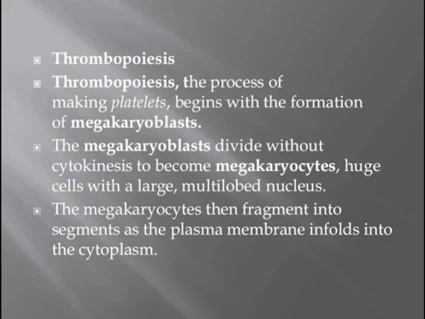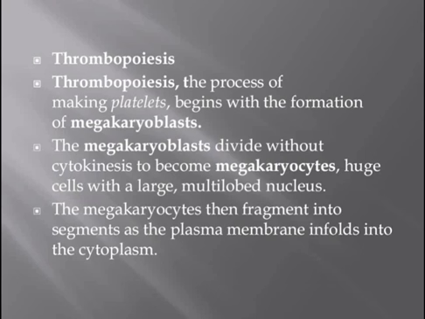Last process under haemopoiesis is your thrombopoiesis. Thrombopoiesis is the process of formation of platelets, right? And this process mainly begins by formation of megakaryoblast. Megakaryoblasts further divide to form megakaryocytes.